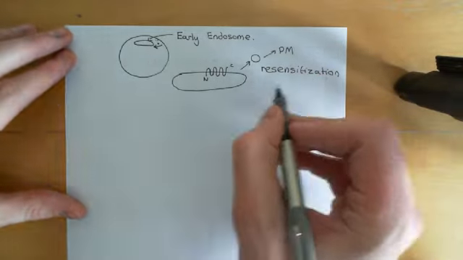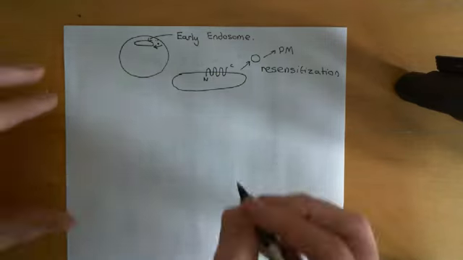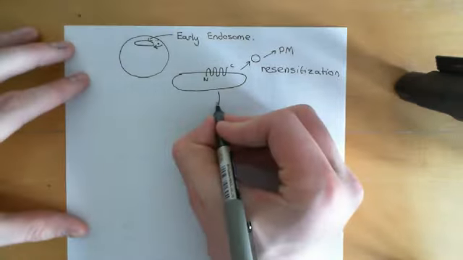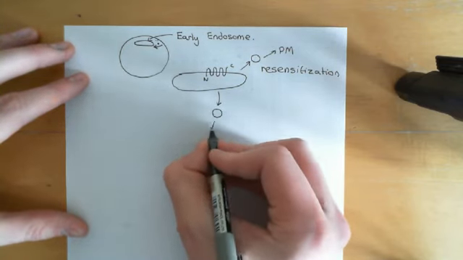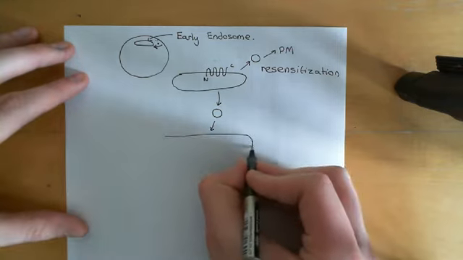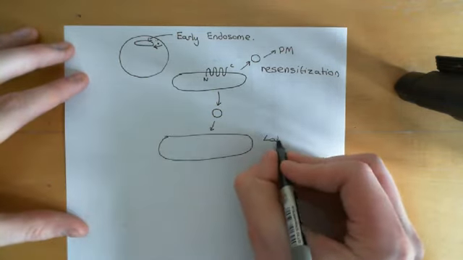Or these G protein coupled receptors can be sent on for degradation. So what can happen is you can bud off an endocytic vesicle from the early endosome, and it then goes to another intracellular organelle, another endosome known as the late endosome.